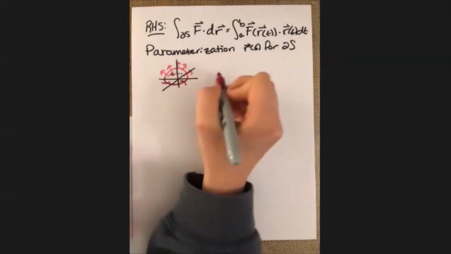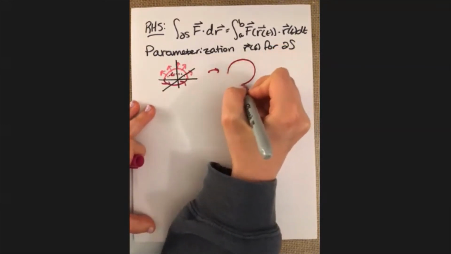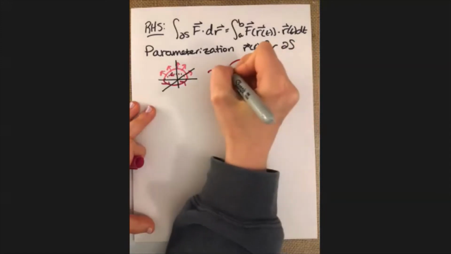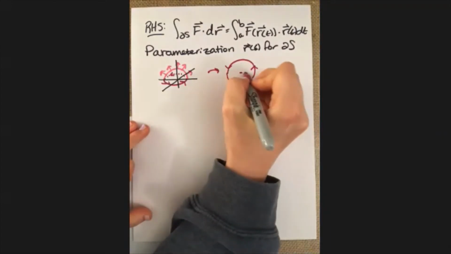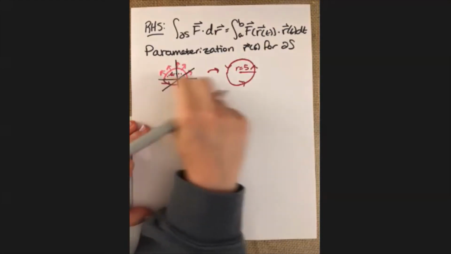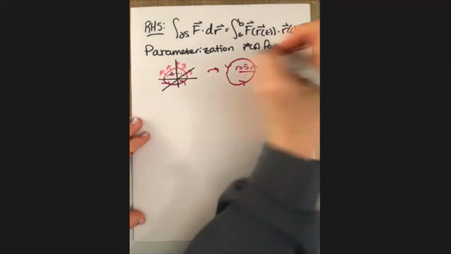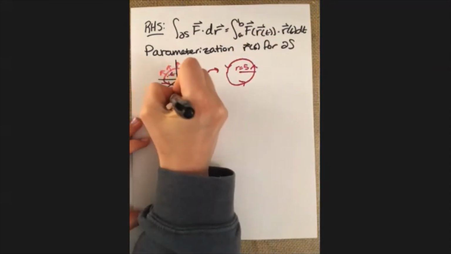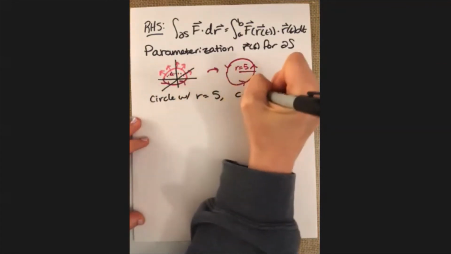What we get out of that is just a circle, like so. We also happen to know that this circle has a radius equal to 5 because it is like the midpoint of our sphere. So we want to parameterize a circle with radius equal to 5, with a counterclockwise orientation.